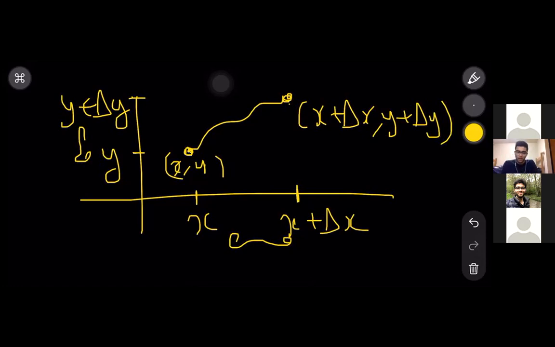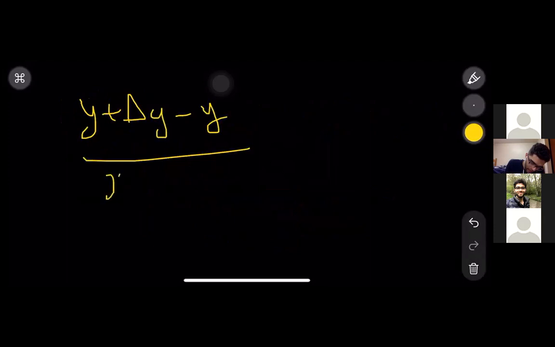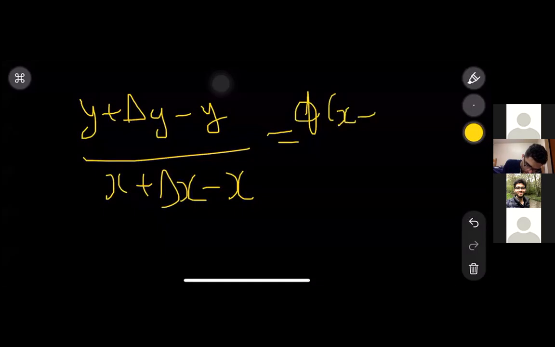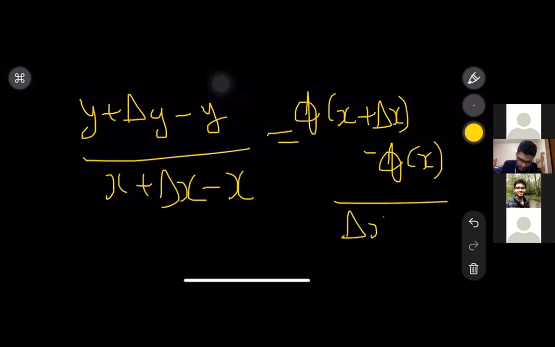Okay. So our equation, which was looking a little messy, was looking like this: y plus delta y minus y divided by x plus delta x minus x. If we want to clean this up a little bit and keep it constrained to x, we can write this as f of x plus delta x, agreed, minus f of x, divided by delta x.